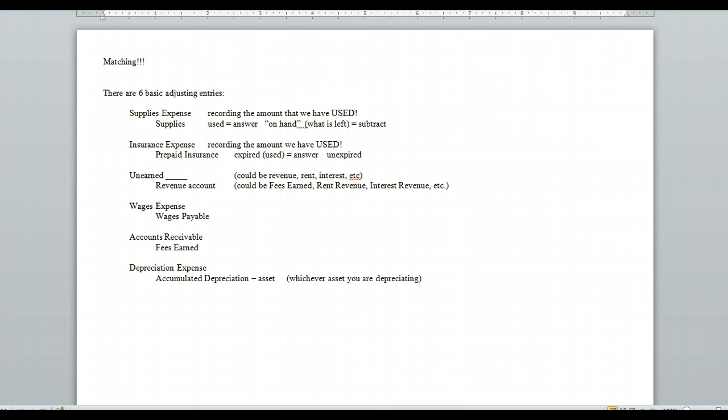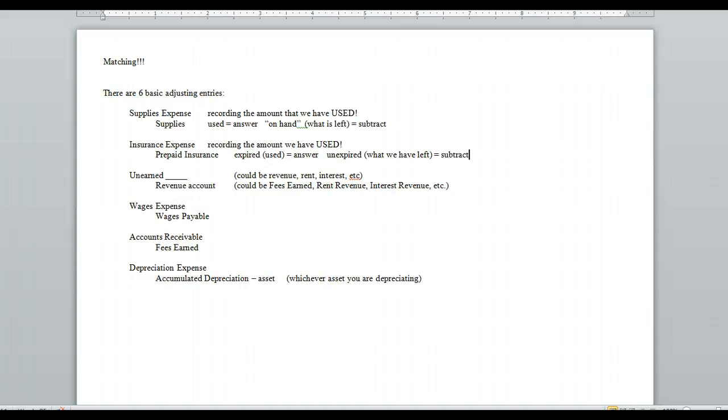Unexpired is what we have left. And anytime they tell you what we have left, then you're going to have to subtract to figure out how much we used. You're always going to know the beginning balances. Normally that's going to be our starting point, a trial balance.